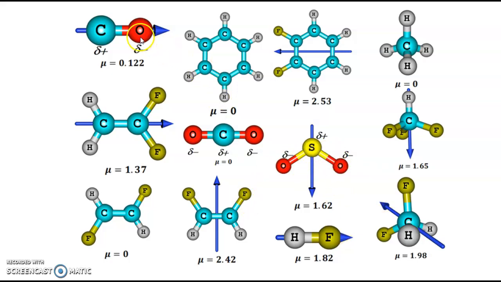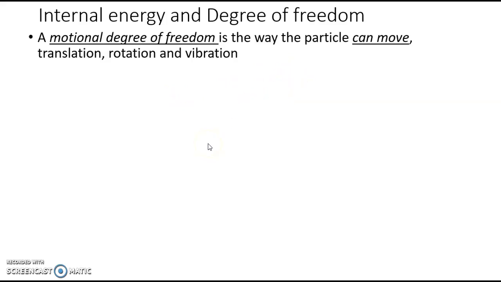And if it's linear, like the diatomic molecules HF and CO, and also the polyatomic linear molecule CO2, then they are referred to as linear molecules. Now this has a cyclic element to it. Okay, that's an aside. So let's talk more about the internal energy and the degrees of freedom.